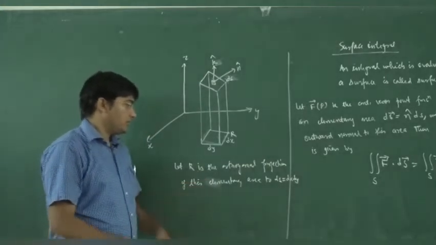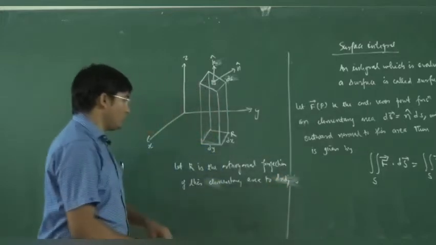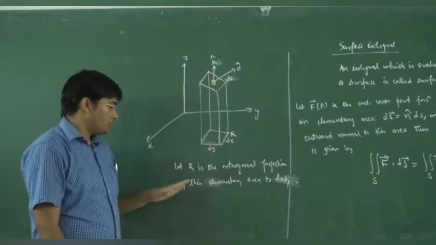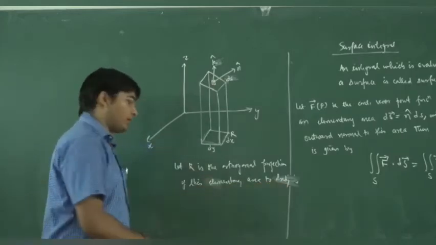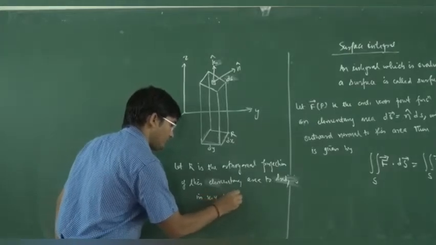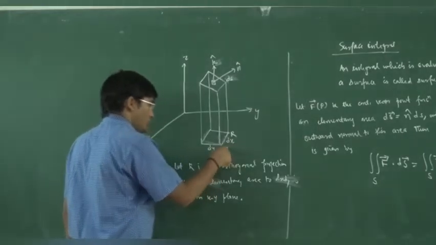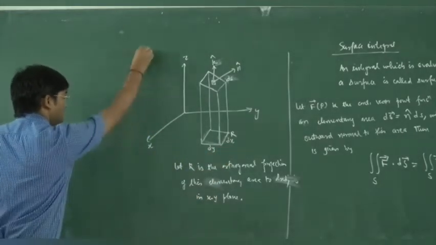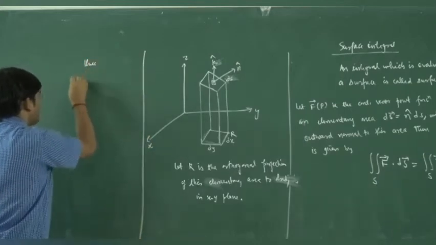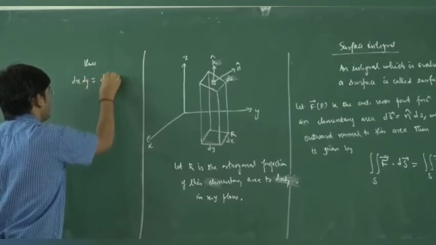Suppose that your R is the orthogonal projection of this elementary area ds to dx into dy in xy plane. So if this is the projection of this plane to this plane, then hence we can write dx into dy equal to ds into cos gamma.